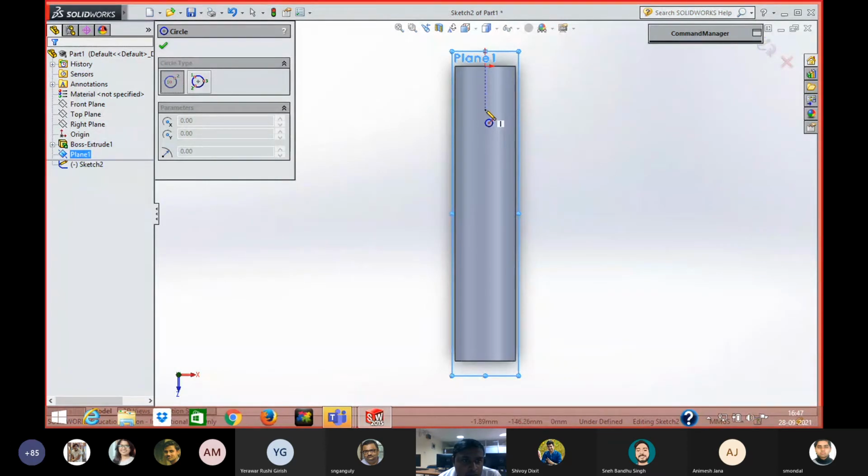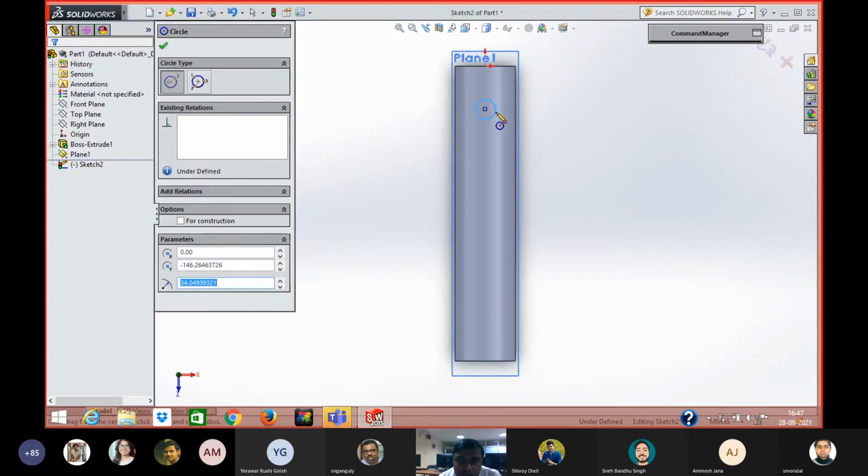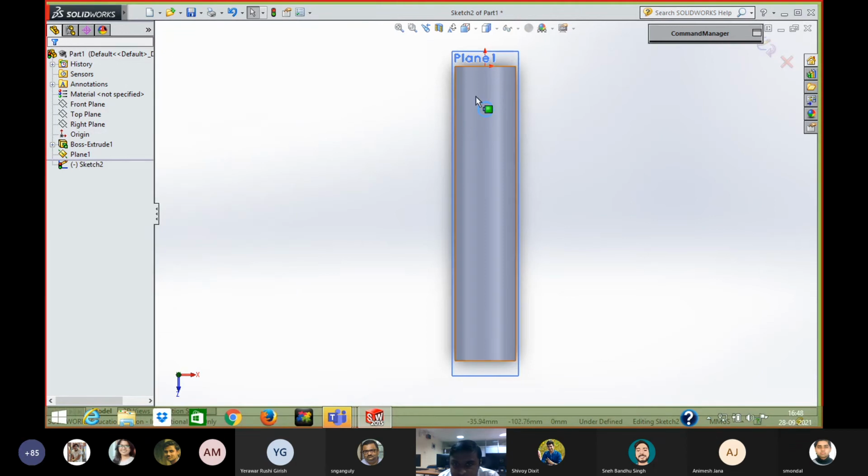Suppose we want to create the inlet here. Suppose the inlet is 30, we can take 30 mm or 25 mm. Okay.